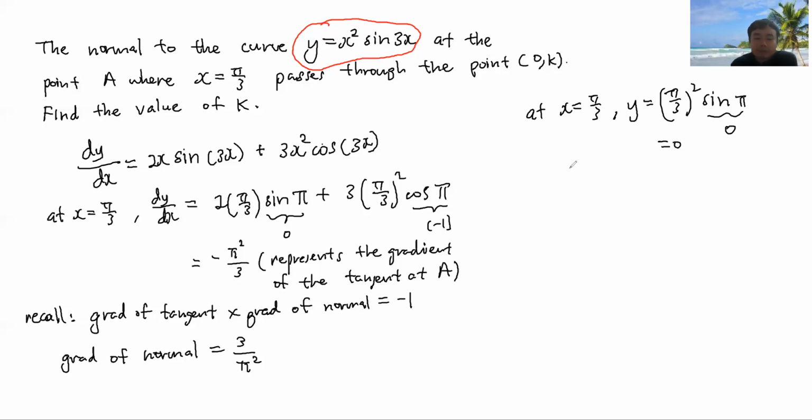So our y coordinate is 0. So point A has coordinates (pi over 3, 0).